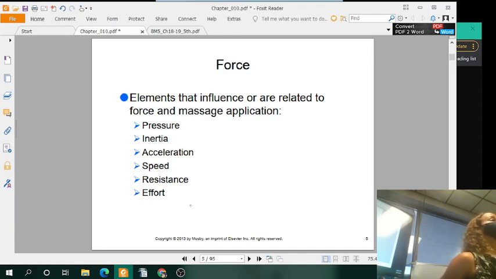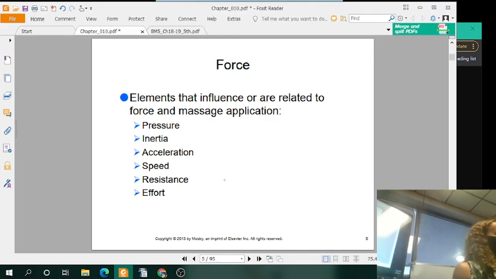You're going to have to use a greater amount of force to have equal amounts of acceleration on the adult, right? Okay, and same thing when we're working on someone who has osteoporosis or some kind of dysfunction or disease that has compromised the integrity of the tissues. Then we have to use less force throughout the whole session.